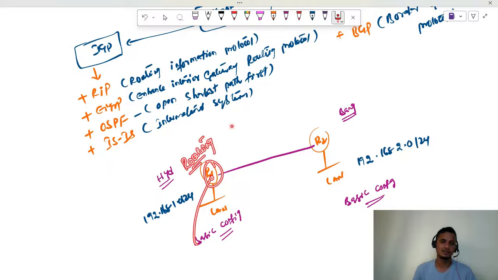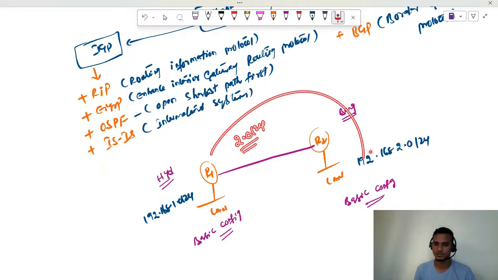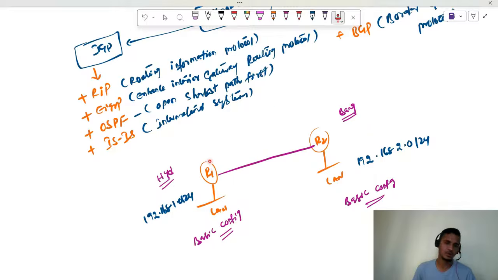As the routing table doesn't have the information of the 2.0/24 network, the destination network, we don't have any routing here, so this router drops that packet.